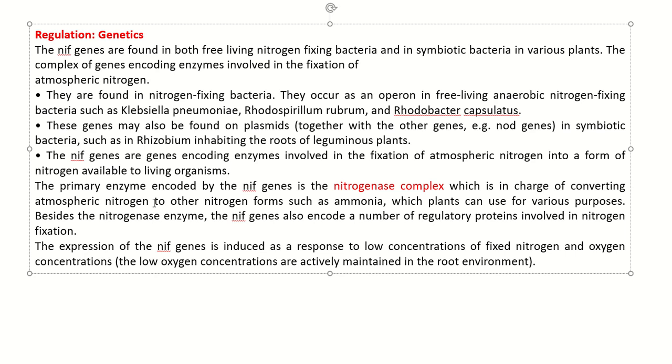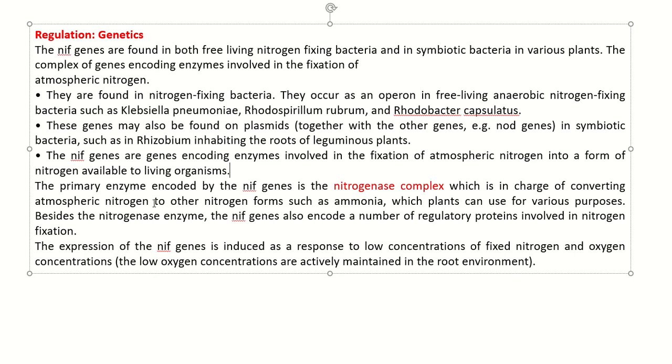It is in charge of converting atmospheric nitrogen to other nitrogen forms such as ammonia, which plants can use for various purposes.